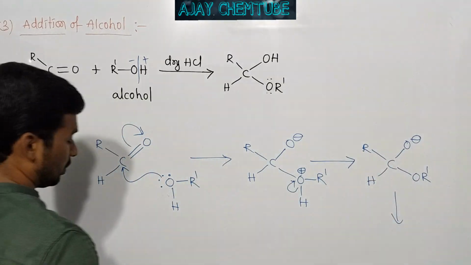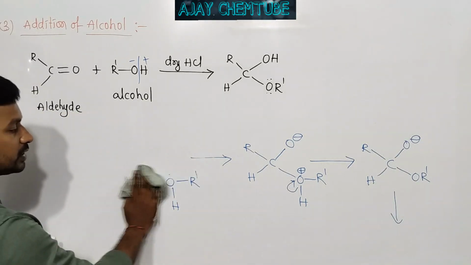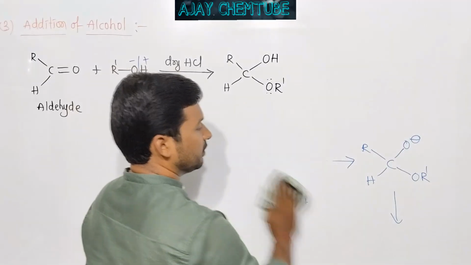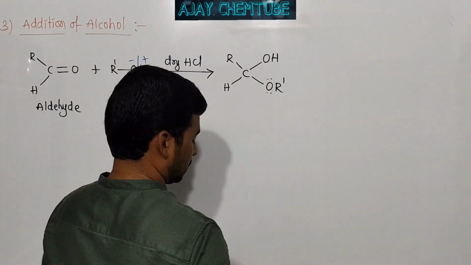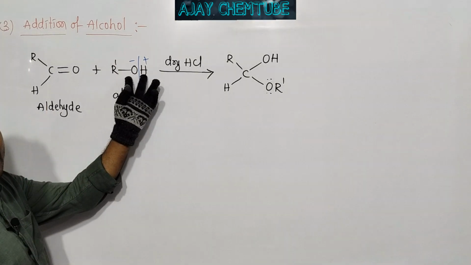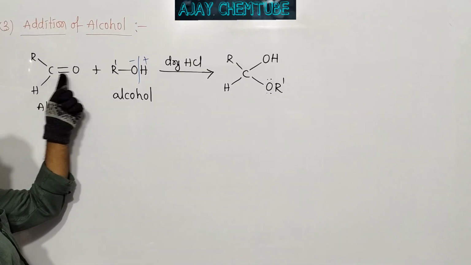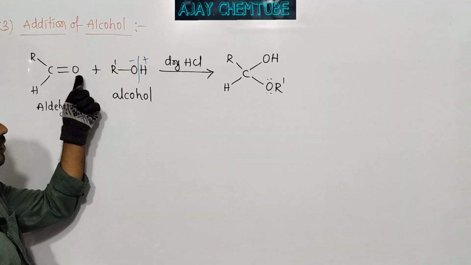But I will not write all this. You have to understand. Every time it is not possible to write like this. That is why I am taking the charges method. First RO minus is added to this carbon in step 1, and H plus is added to oxygen in step 2.